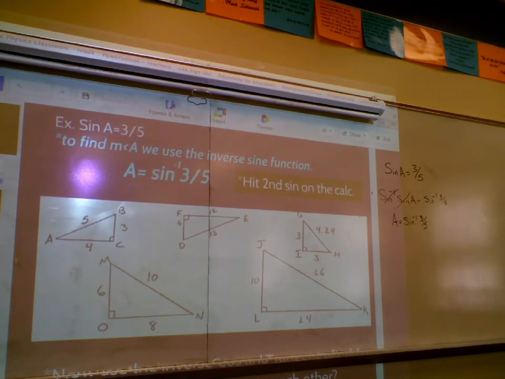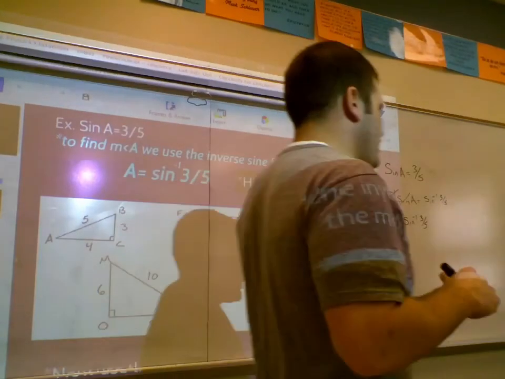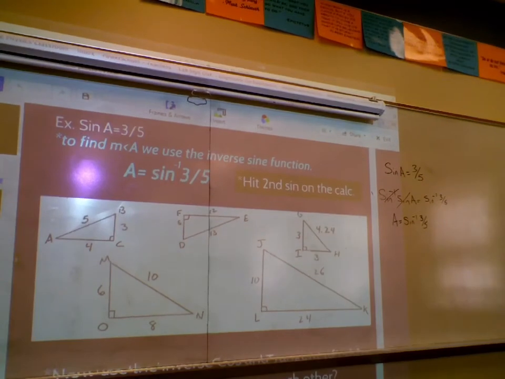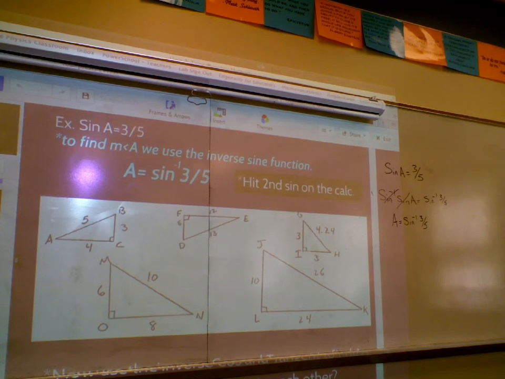Okay? So to find inverse sine, you hit second sine on your calculator. The second button's top left corner. We all know where sine is, right, Andrea? Okay, so hit second sine, 3 divide 5, enter. And what you've just done is found an angle measure from the ratio of the side lengths. You guys are fancy now.